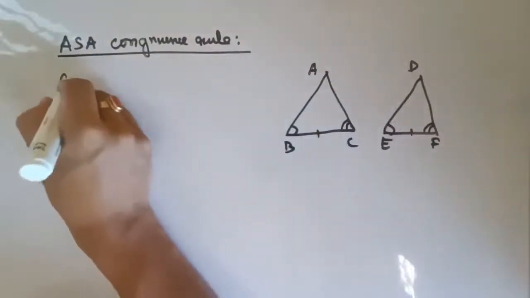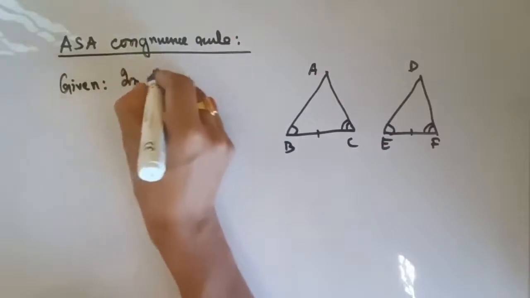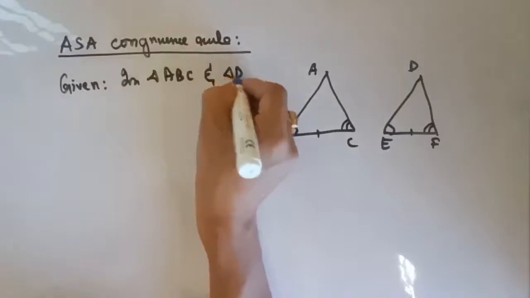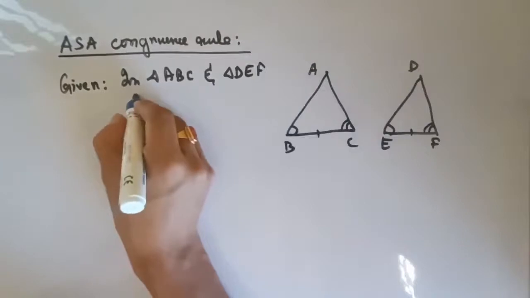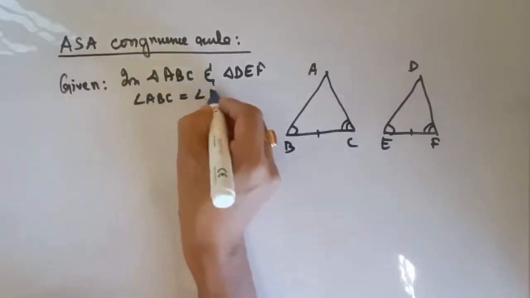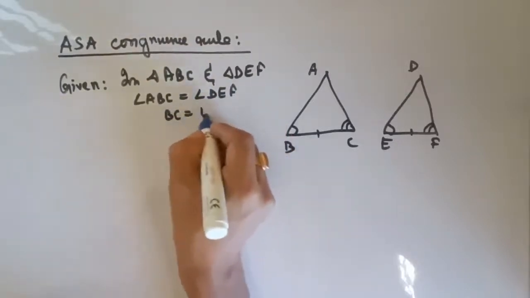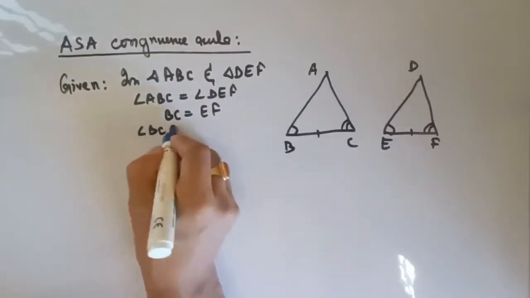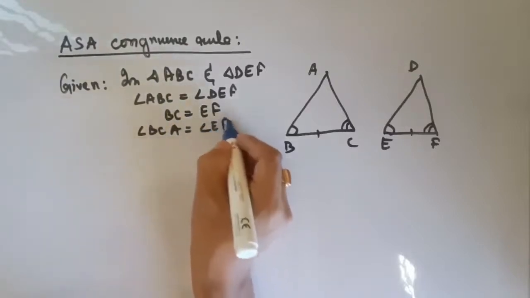So, given in triangle ABC and triangle DEF, angle ABC is equal to angle DEF, side BC is equal to side EF, and angle BCA is equal to angle EFD.